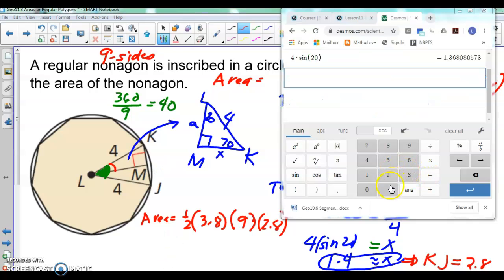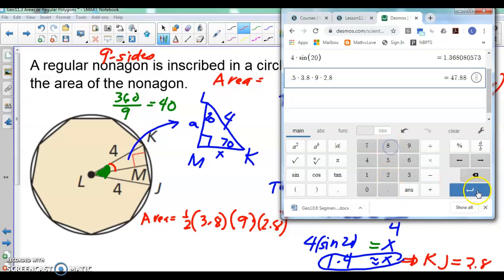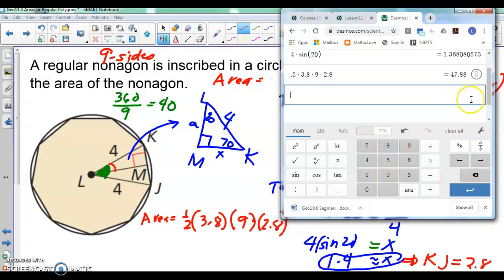So if you multiply all of that, you get 1/2 times 3.8 times 9 times 2.8. So the final answer is around 47.9 square units. So that's the area.